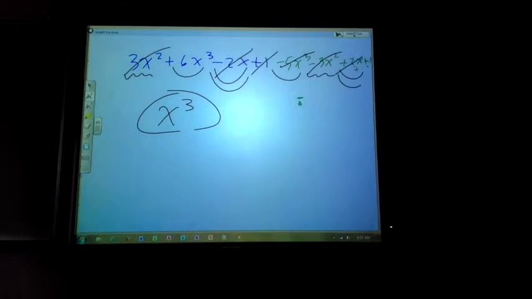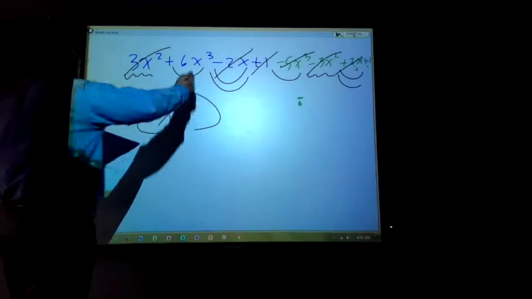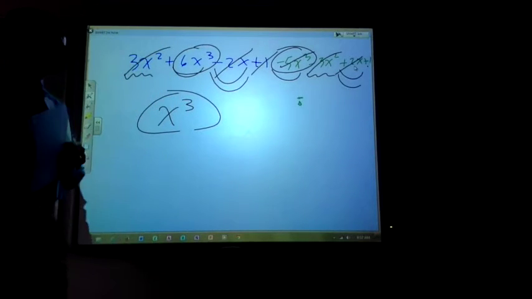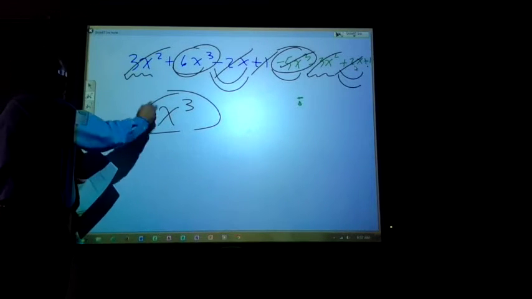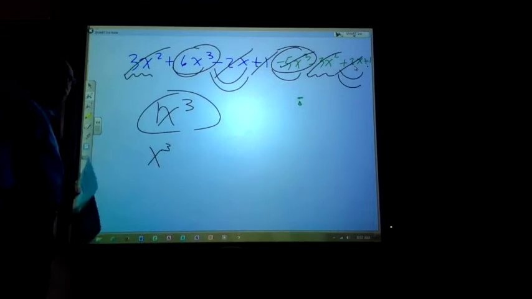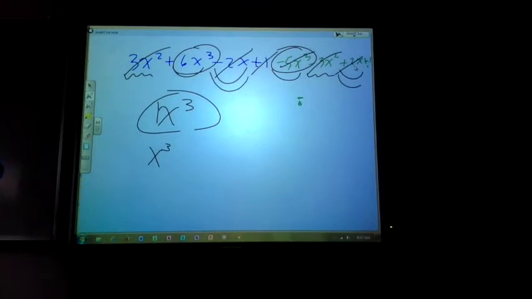Is everything else canceled out? Well, what happened to 6x to the third and 5x to the third? Oh, so 6x to the third minus 5x to the third becomes 1x to the third. 1x to the third and x to the third are the same thing. Cool? Hey, if everything cancels out, what's your answer? 0. Everything's gone. There's nothing there.